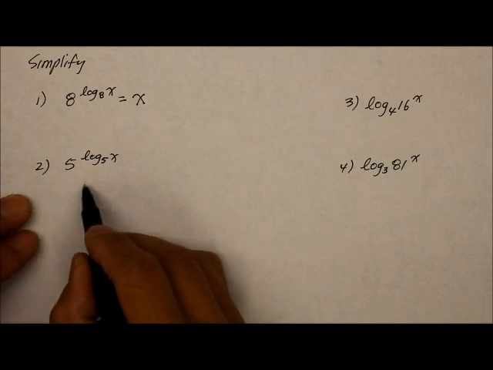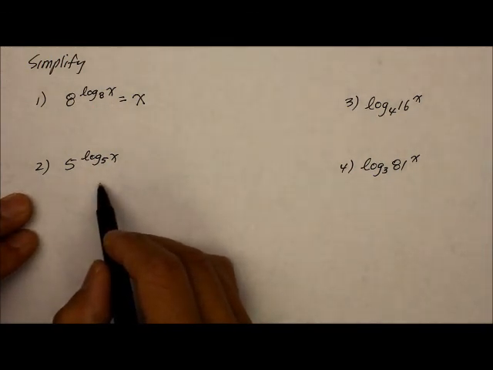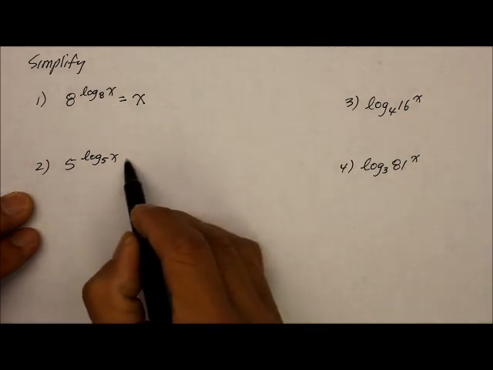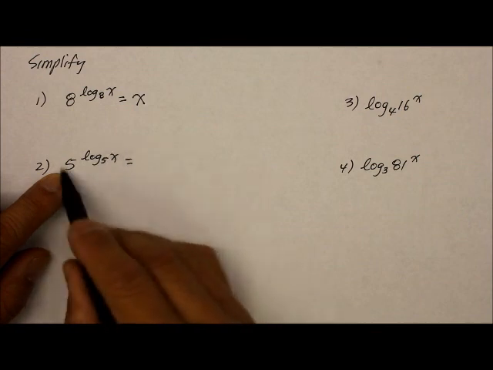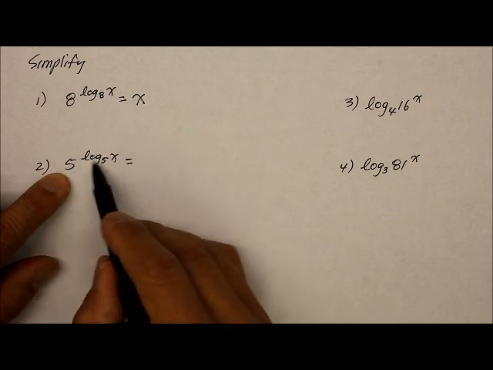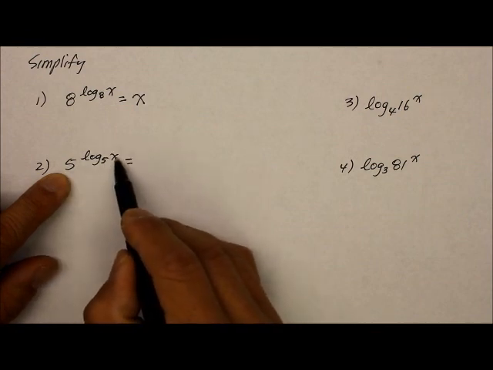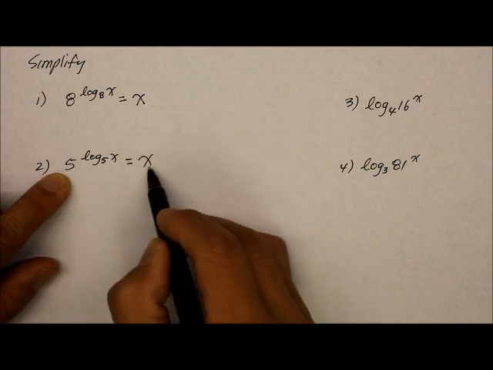Okay, the number 2, you could see right away how redundant or simplified or kind of no-brainer this becomes. All you have to do is identify the base of the entire expression, and if there's a base of a log that's the same, then the x, or whatever that number may be, comes out as a solution.